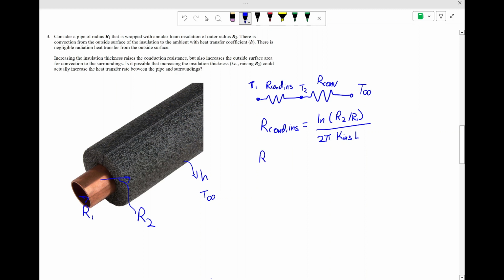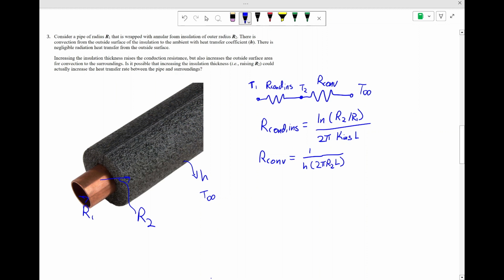And then for convection, this is equal to 1 over the convection heat transfer coefficient times the surface area on the outside, which would be 2 pi times R2 times L.